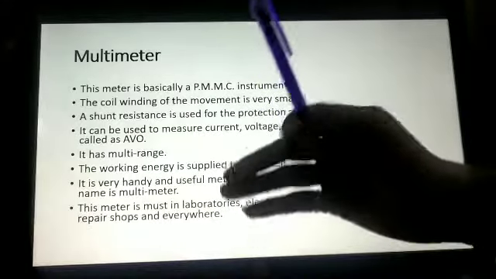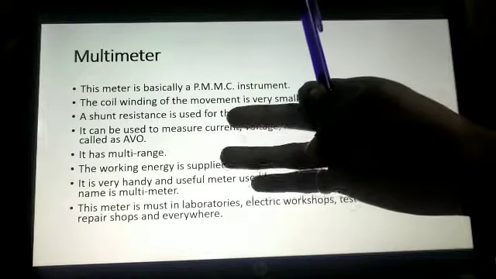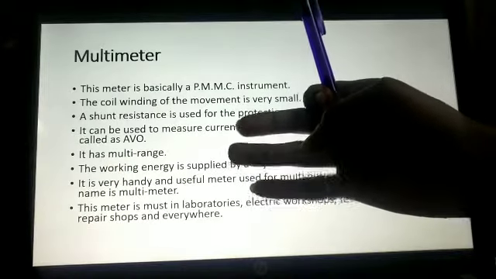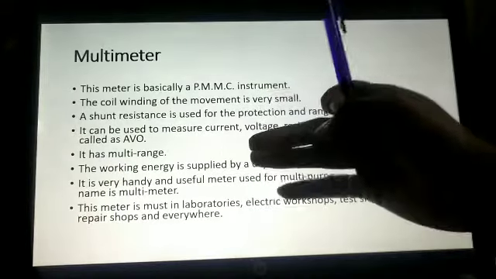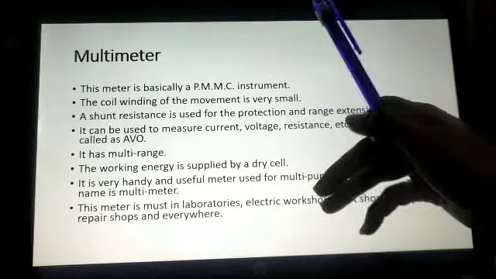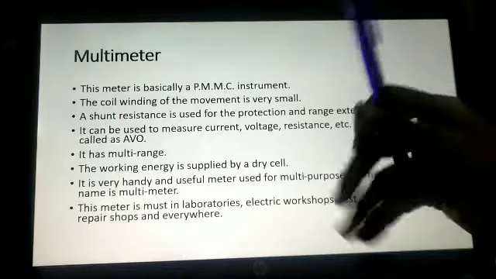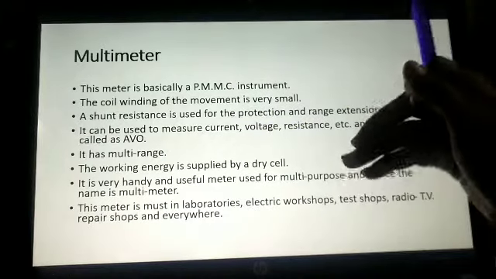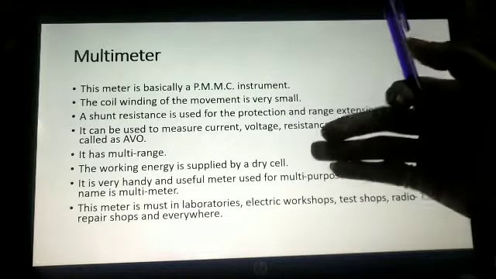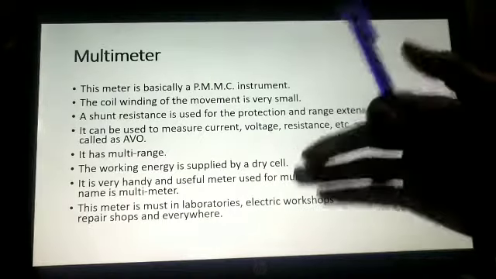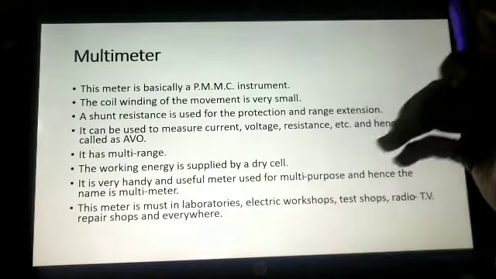It can be used by technicians in the electrical field. It has multiple purposes.